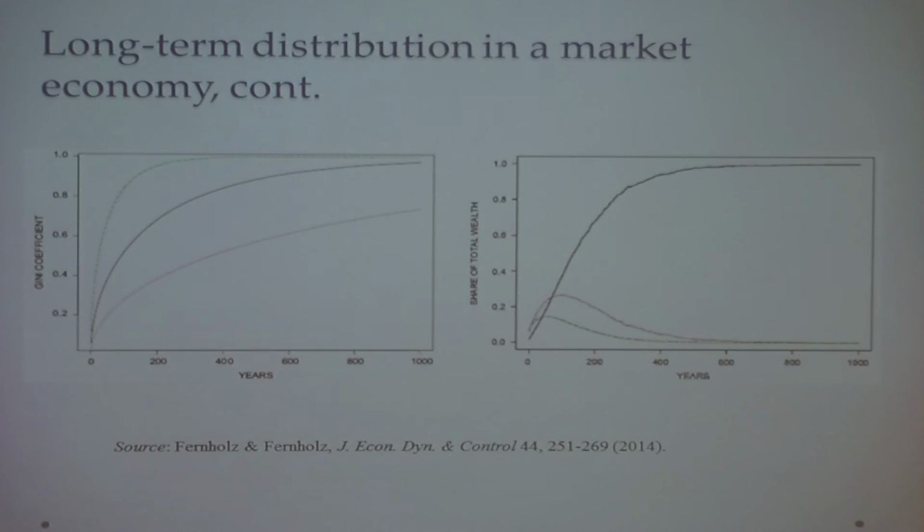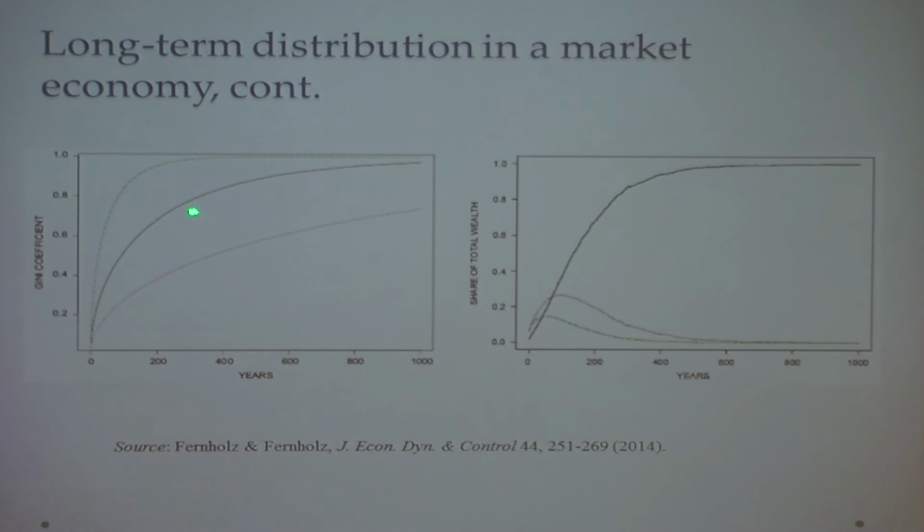Now, this is the answer, what will happen in the long run. To the left, you see the Gini coefficient. So there's a number of years within quotation marks. This is, of course, a highly idealized model. And on the vertical axis, you have the Gini coefficient.